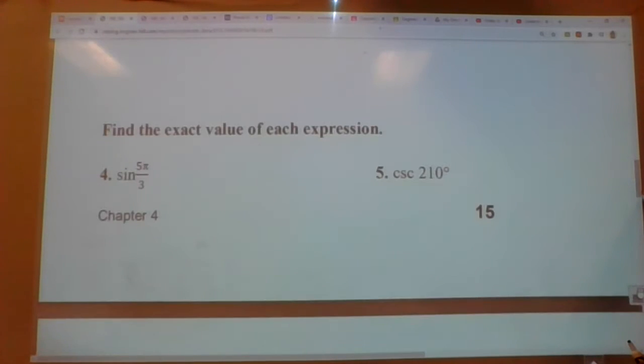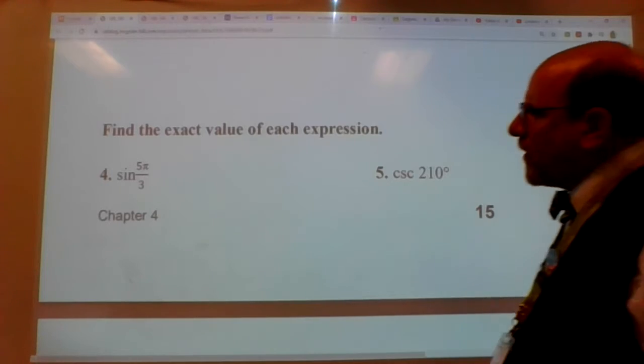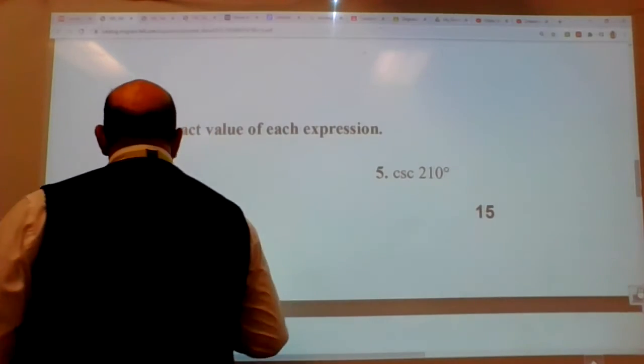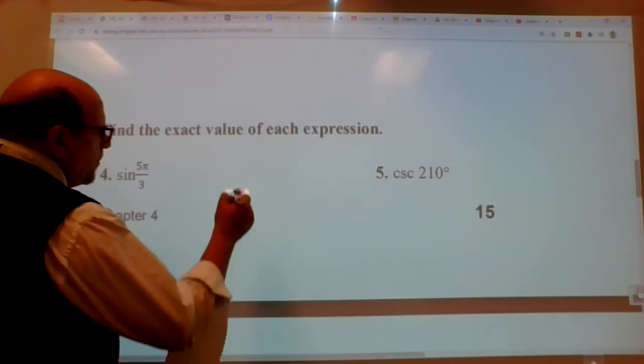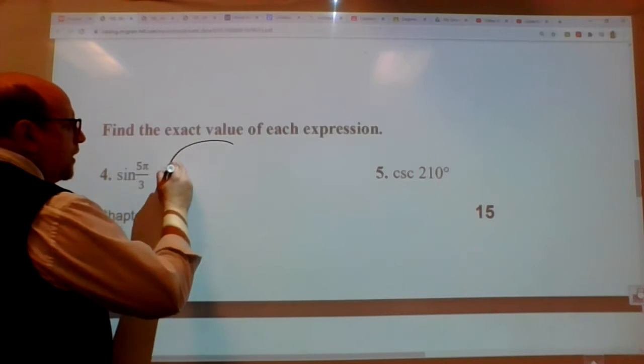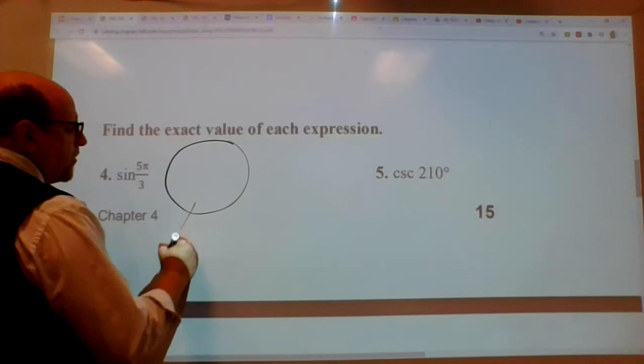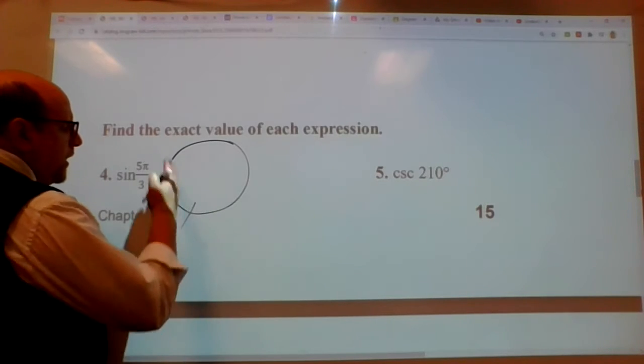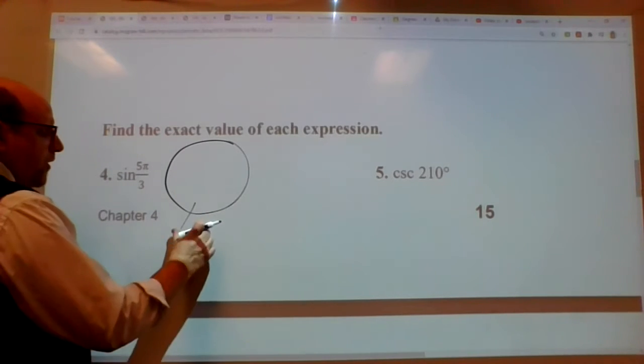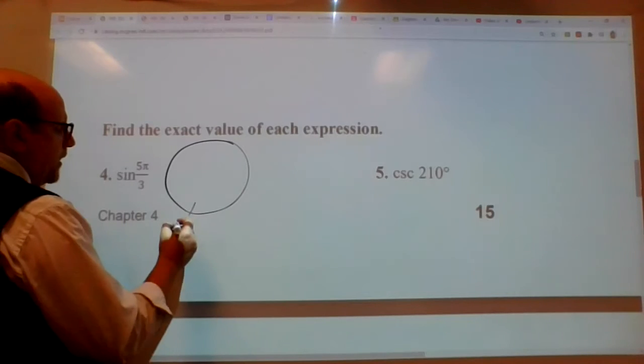If I want to find the sine of 5 pi over 3, it's really pretty easy, especially since I already had you draw the unit circle, and 5 pi over 3 is down here, right? It's 60 degrees away from 180.